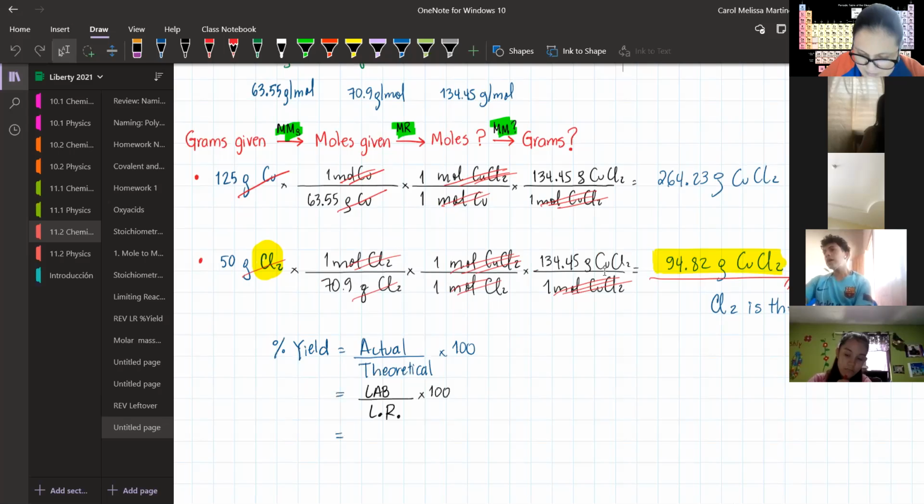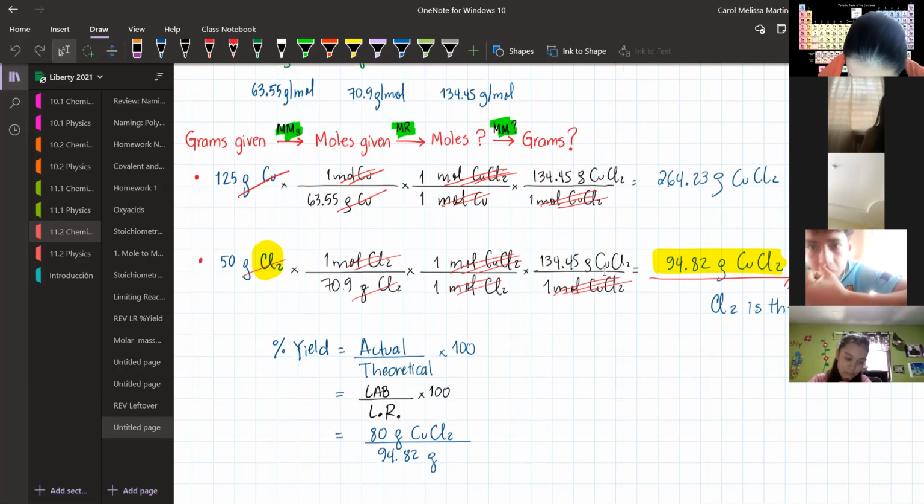So this is 80 grams that you got in the lab divided by 94.82 that you got from the limiting reactant, times 100.